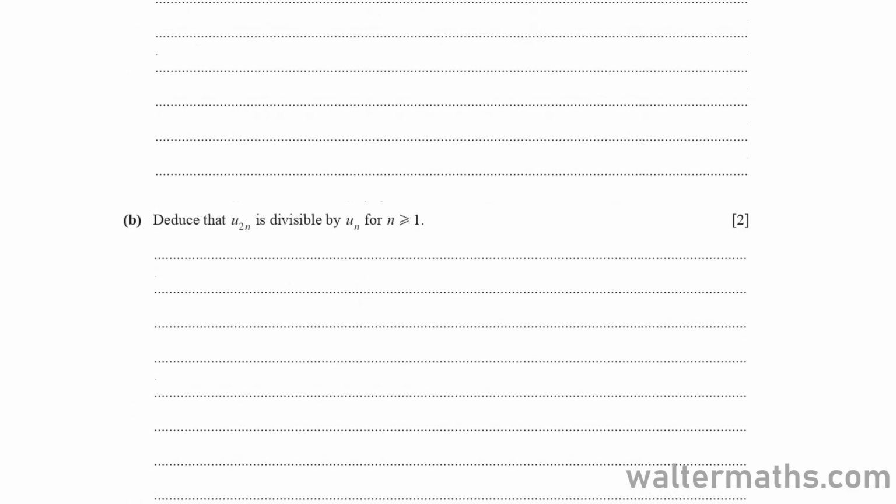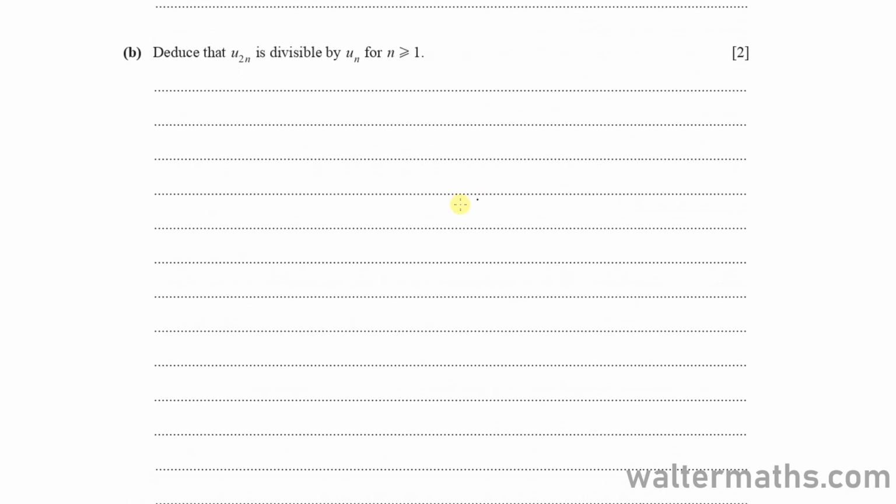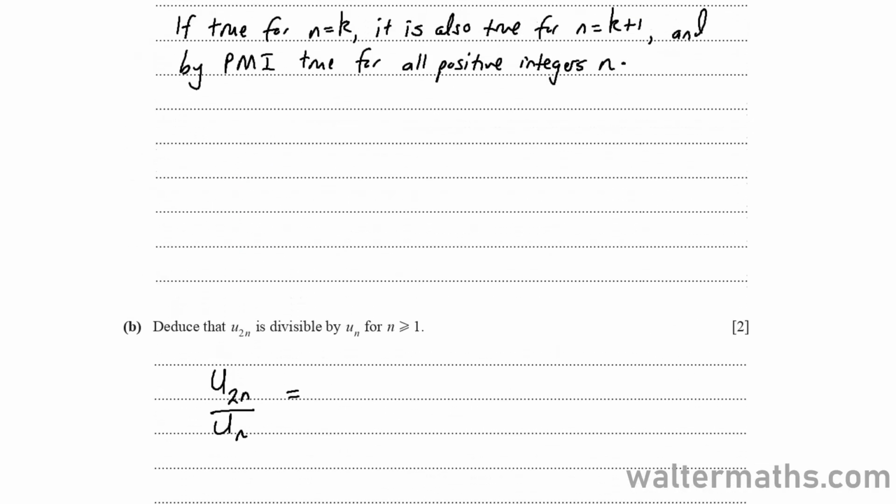Then on part B, the question goes, deduce that u sub 2n is divisible by u sub n for n is greater than or equal to 1. Okay, so it's u sub 2n over u sub n, right? So what is u sub 2n?